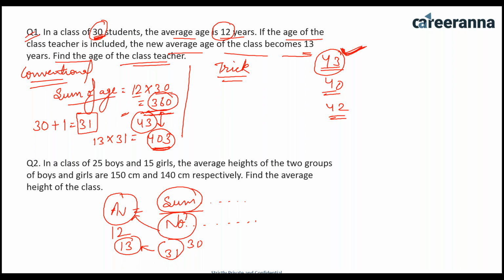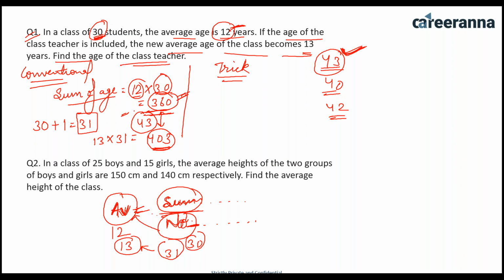There is a formula: average equals the sum of the values divided by the number of values. Average is given to be 12, and the number of people is 30. So if I have to find the sum, I just have to cross multiply, and it will be 12 multiplied by 30, which is 360.